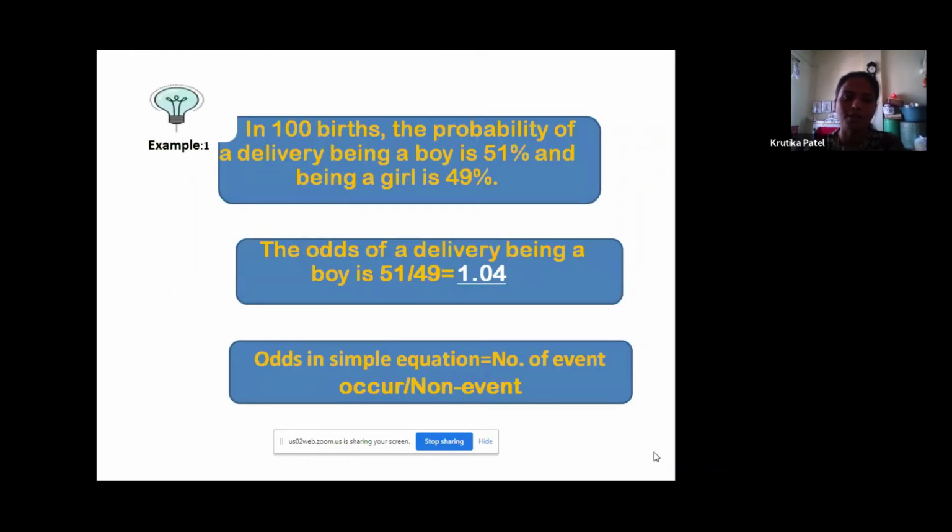In example 1, in 100 births, the probability of delivering a boy is 51% and a girl is 49%. The odds of a delivery being a boy is 51 upon 49, which is equal to 1.04. This is our odds. Odds in a simple equation is the number of events occurring upon non-events.